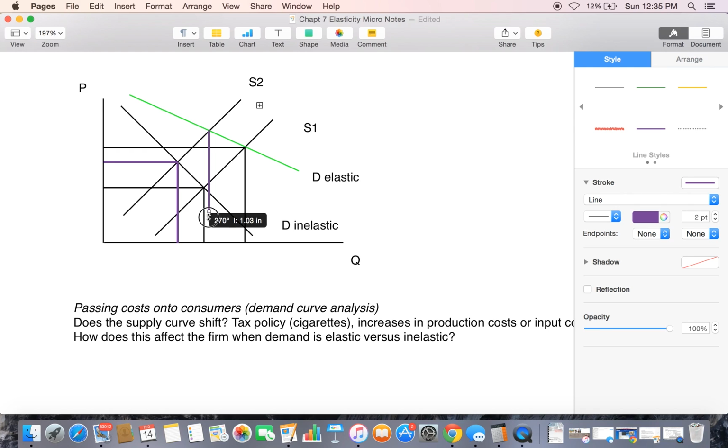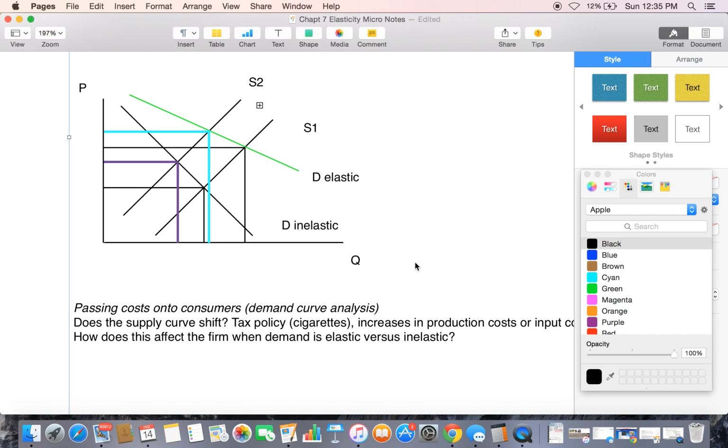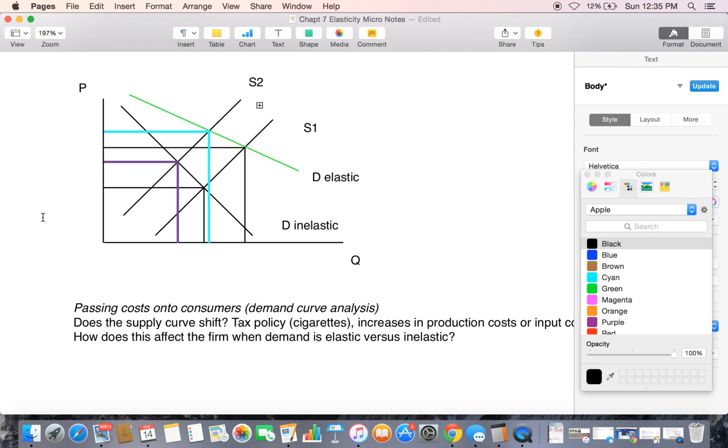What we do find, unfortunately, is that cigarette consumption is a rather inelastic market. So our inelastic curve would actually represent what would happen. Our elastic curve could be more of a hypothetical example, but it's just looking at the fact that there are different possible responses to an increase in tax depending on what the elasticity of demand looks like for the firm.